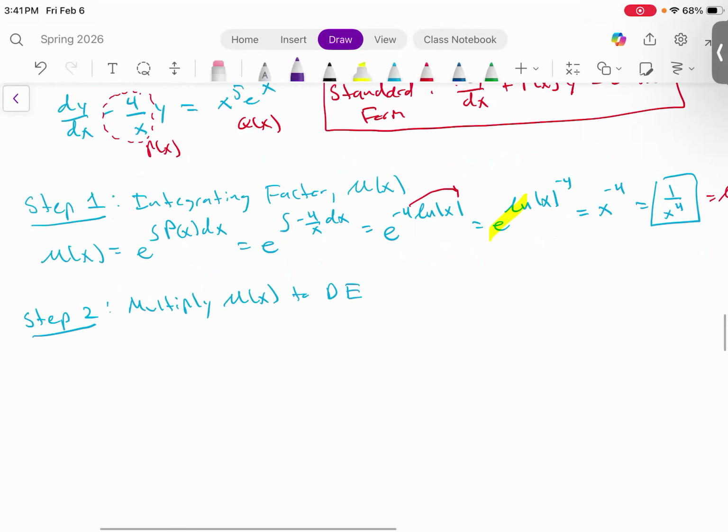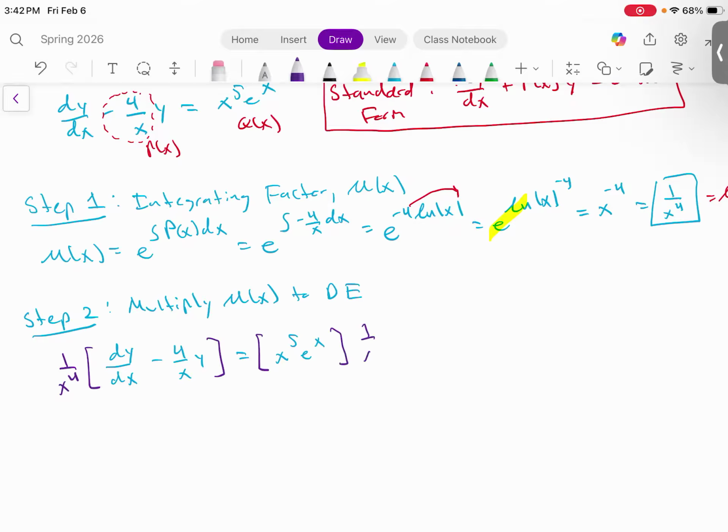So here I have 1 over x to the fourth times dy over dx minus 4 over x y. Then I'll close that off, equals the right-hand side, x to the fifth, e to the x, being multiplied by our integrating factor, 1 over x to the fourth.